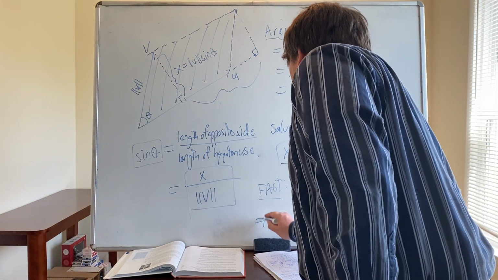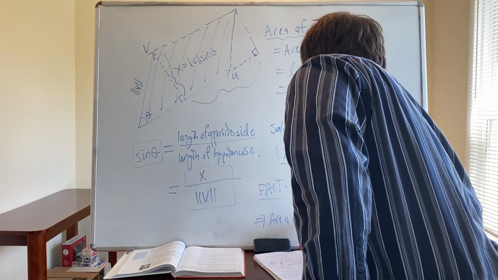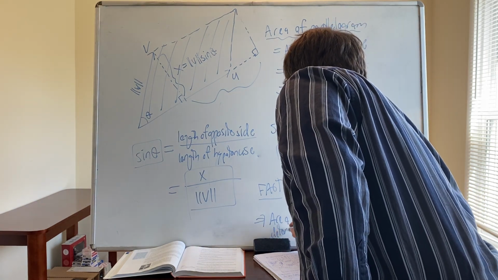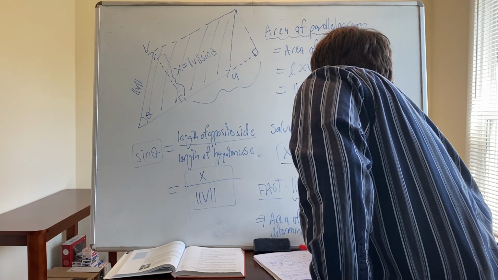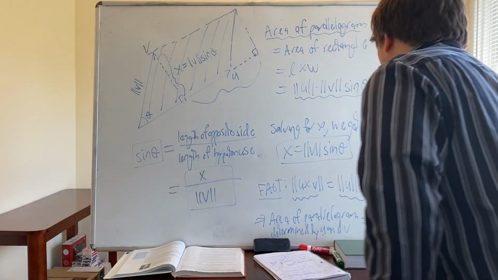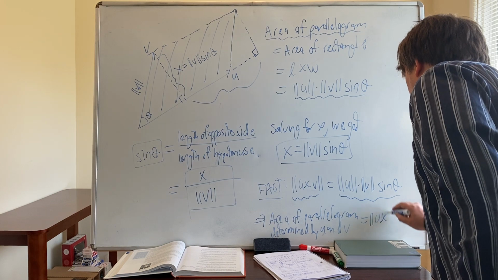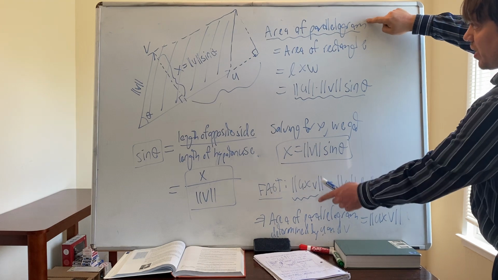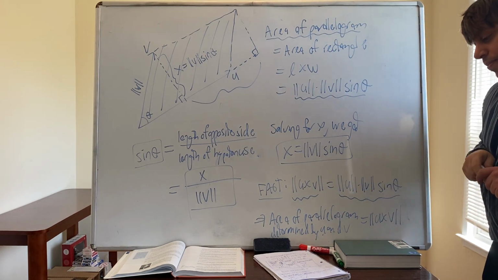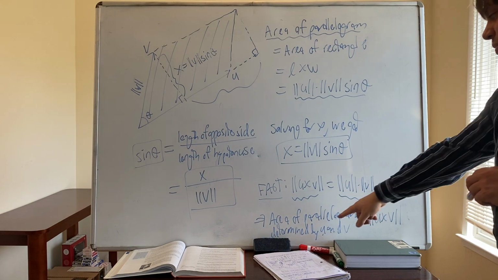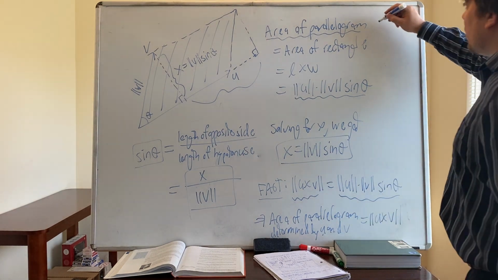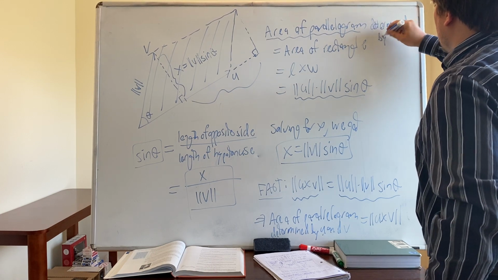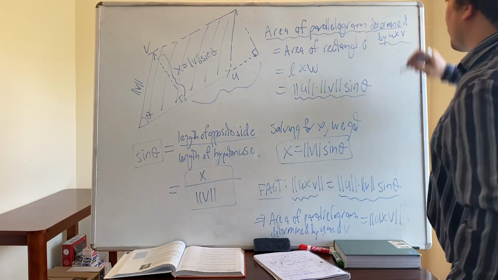And so therefore, the area of the parallelogram determined by U and V is equal to the norm of U cross V. I'll write that here: the area of the parallelogram determined by U and V is the norm of U cross V. That's the specific parallelogram I'm talking about.